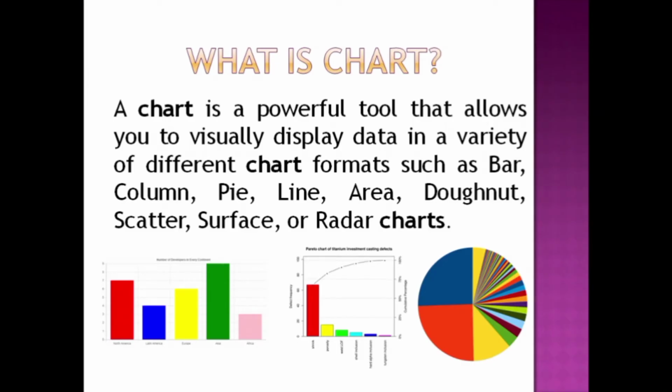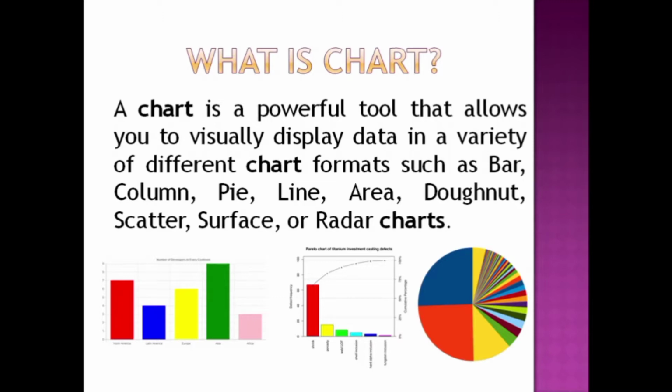So first we will discuss what a chart or a graph is. A chart is a powerful tool that allows you to visually display data in a variety of different chart formats such as bar chart, column chart, pie chart, area chart, donut chart, scatter chart, surface or the radar chart.